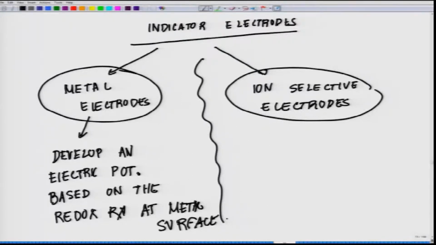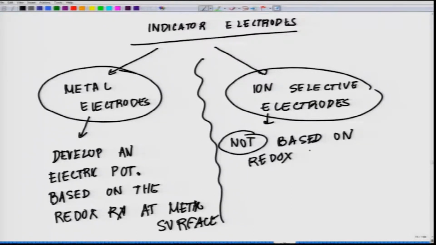On the contrary, when we talk about ion selective electrode, they are not, mind it, not based on redox reaction or redox process.